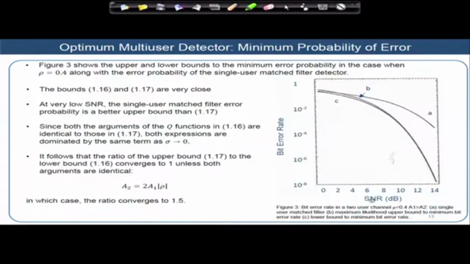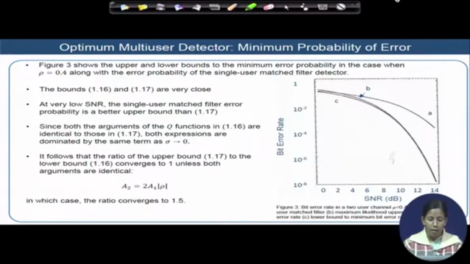Sigma tending to 0 means you are in a very high SNR zone, and that is dominated by the multi-user interference, and both the terms perform almost the same, so the upper bound and the lower bound merge. And we can have a relative ratio of the upper bound to the lower bound.